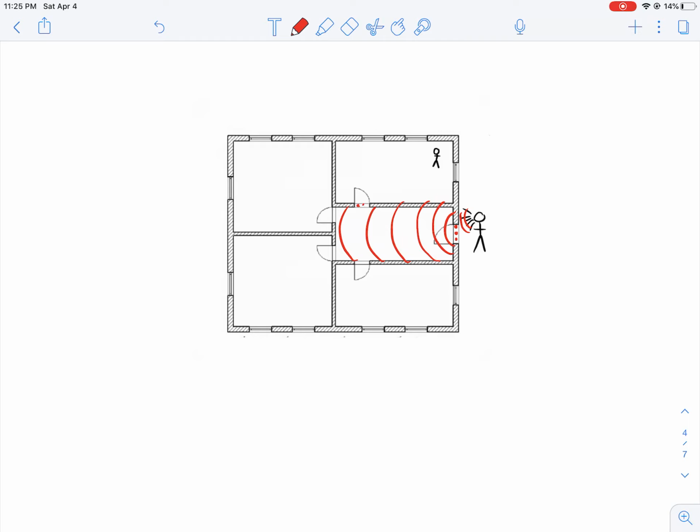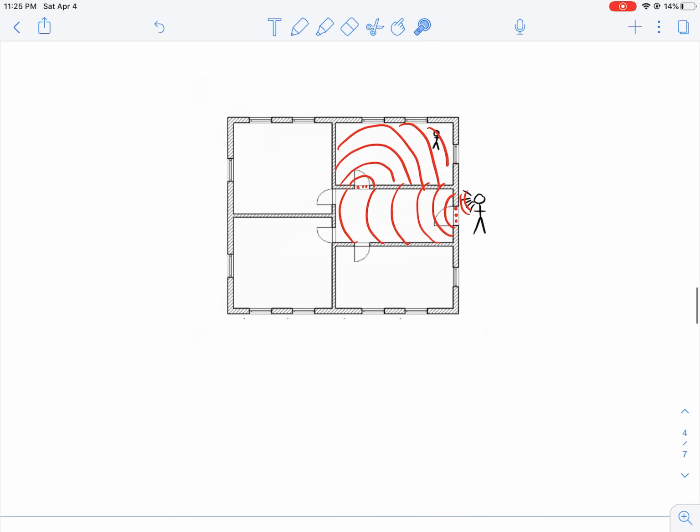And as it reaches this barrier right here, again, remember the wavelength is similar to the slit that it is interacting with. So it'll propagate again like this in wavelets until it reaches the ear of this person right here. And so just like that, one can yell from one side of the house, and someone completely on the other with lots of barriers can still hear the person that's yelling.